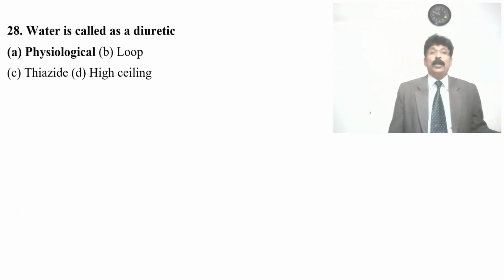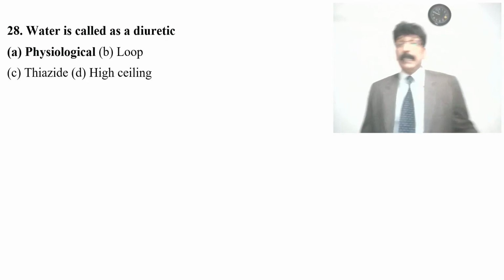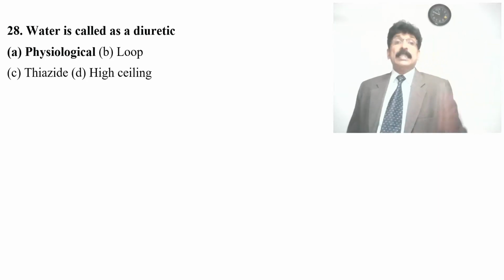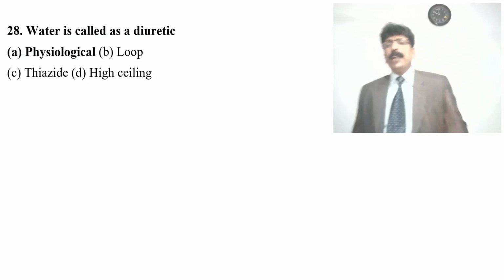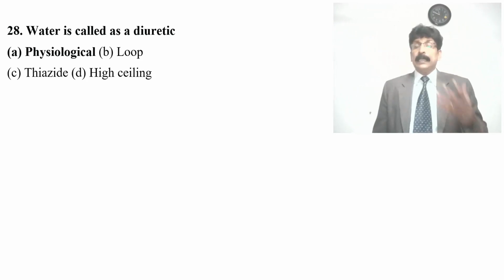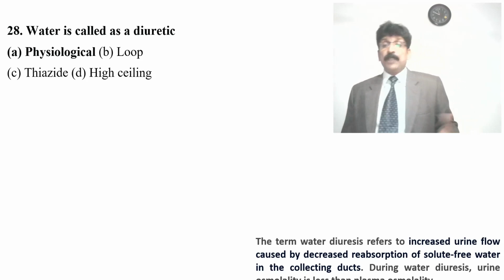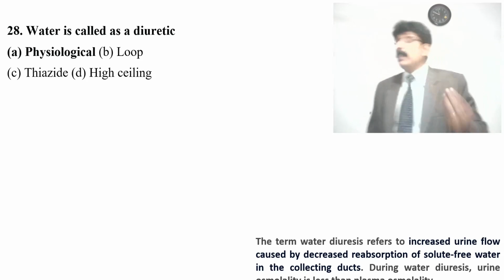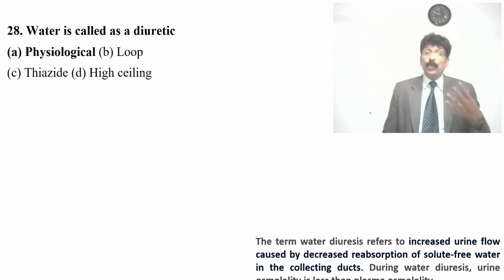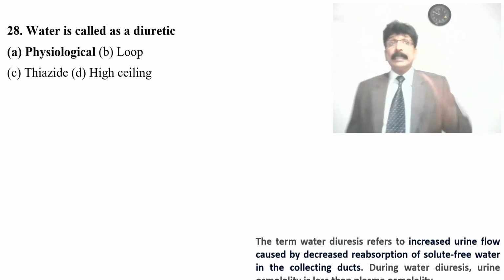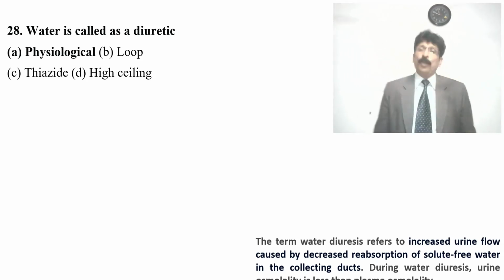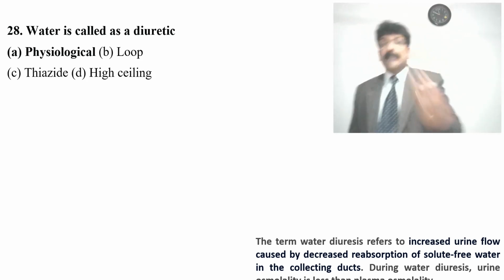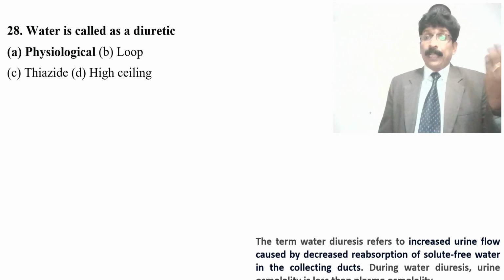Whether it is a loop diuretic, thiazide diuretic or high ceiling diuretic, that is all a wrong answer. Physiologically, if you drink more water, it stimulates the excretion. You can see that it increases the flow. The term water diuresis refers to increased urine flow caused by decreasing the reabsorption of solute free water in the collecting duct of the nephron in the kidney.